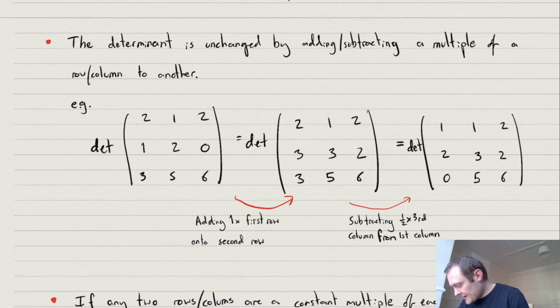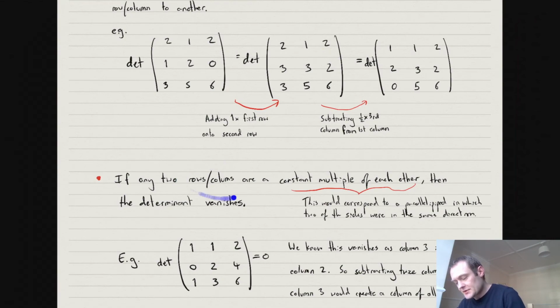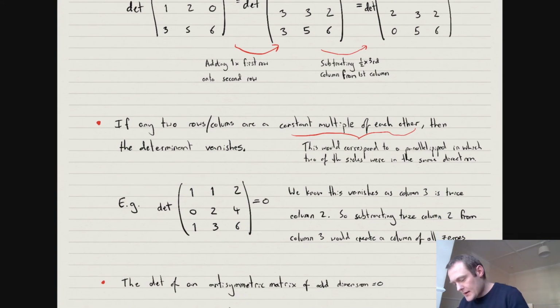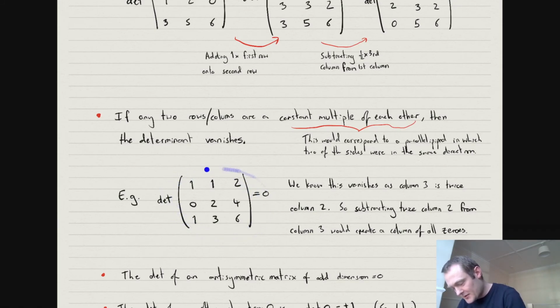Now, there's a nice little corollary to that, and that is that if any two columns or rows are a constant multiple of each other, then the determinant must vanish. Why? Because we could then take one column and use it to cancel out the other one, making all of the elements 0. For instance, take this determinant here.